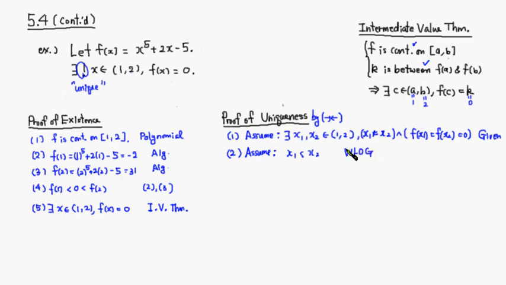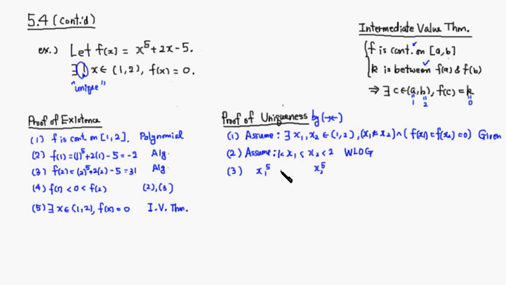If that's the case, we can compare term by term. If you look at x1 to the 5th and x2 to the 5th, because this is between 1 and 2, of course if you raise the bigger number to the 5th power, it's larger than the smaller number to the 5th power.